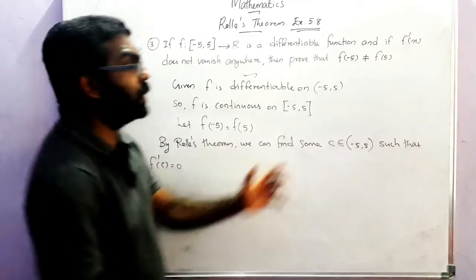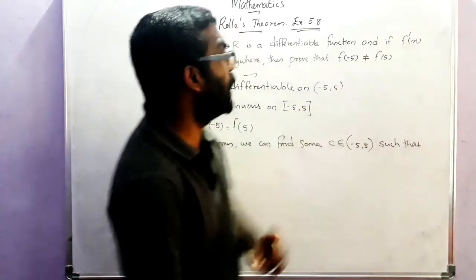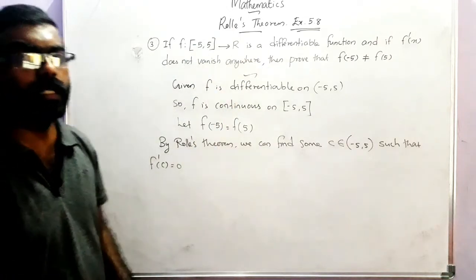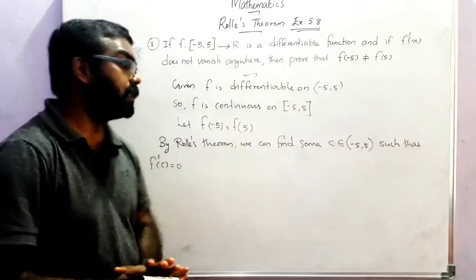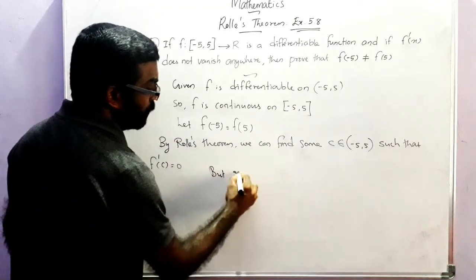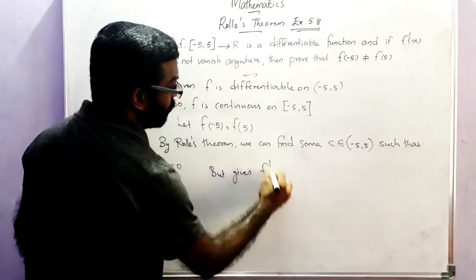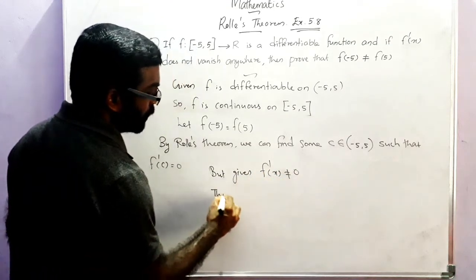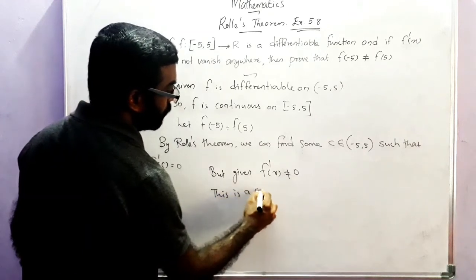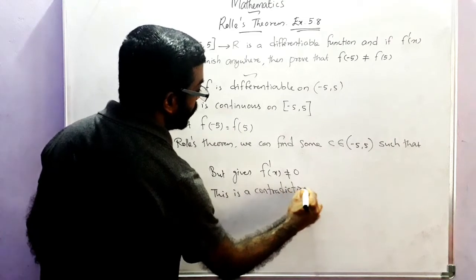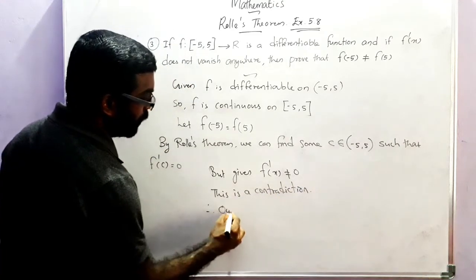But in the question it is given that f dash of x does not vanish anywhere. Does not vanish anywhere means f dash of x not equal to 0. But given f dash of x not equal to 0, this is a contradiction. Therefore our assumption is wrong.